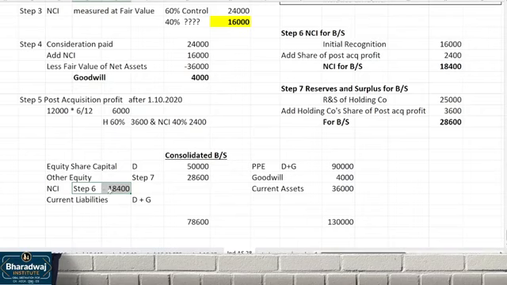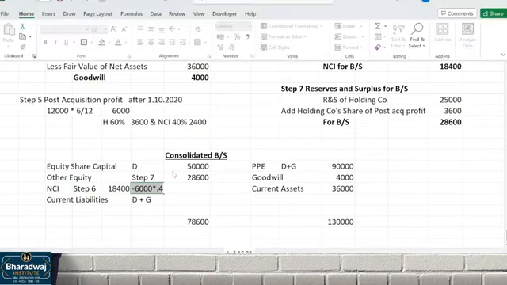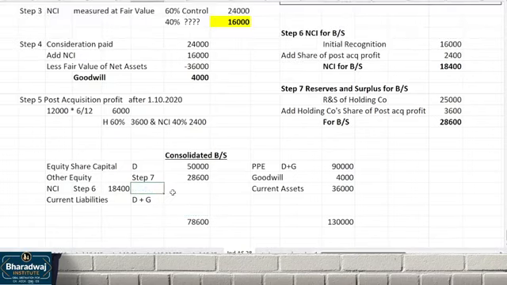What is the dividend payable to NCI? 6,000, 40% we have to pay to NCI. That will be shown under current liability separately. 6,000 into what percentage? 40% payable to them. So 18,400 minus 2,400 will be the NCI for the balance sheet.